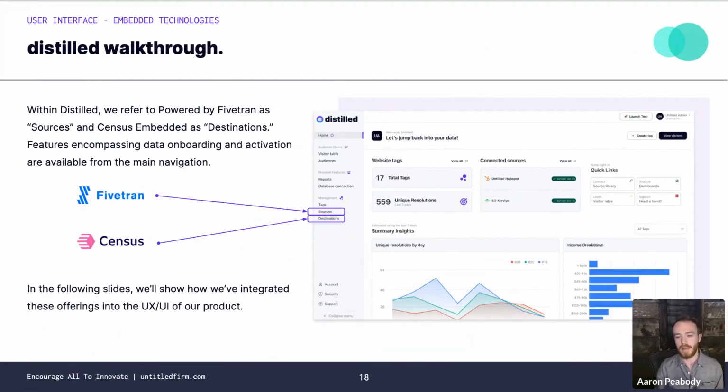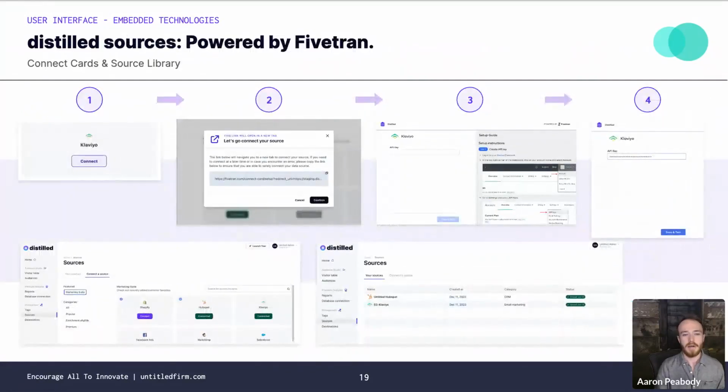So this is Powered by Fivetran for one side and Census for the other. For Powered by Fivetran, we use their Connect cards. We don't get fancy with it. Our customers know or are aware that they're installing Fivetran apps. You can definitely bring this up a few levels if you want an abstraction through the PBF headless offerings.